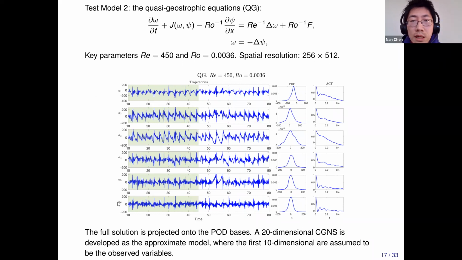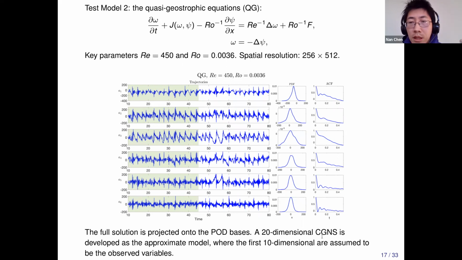And these A1 to A6 are the first 6 leading POD modes associated with this system. The task we are doing here is to build a 20-dimensional model using the conditional Gaussian framework. The first 10 dimensions will be the larger scale modes, which we can observe, but for the next 10 dimensions, we do not have observations.